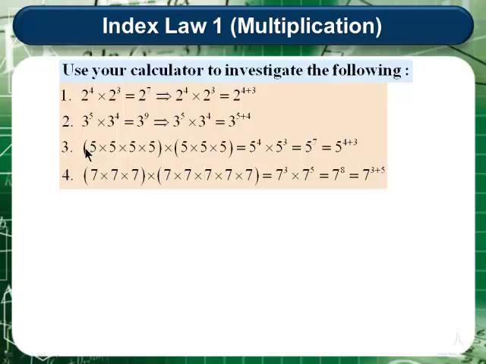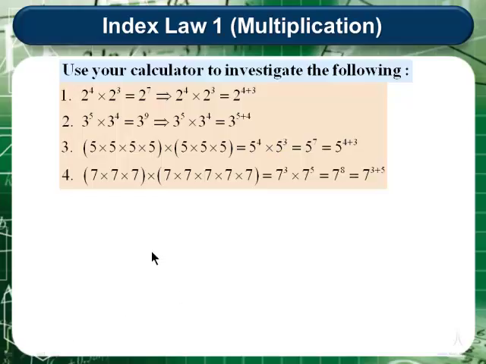But then it is clear, if we remove the brackets, then we simply see that we have the number 5 multiplied by itself 7 times. So therefore, a similar observation as we've made before, that if we multiply and the two bases are the same, like in this case it's 5, then in the final product we still have the same base 5, and the index number for the product is simply the sum of the two indices.